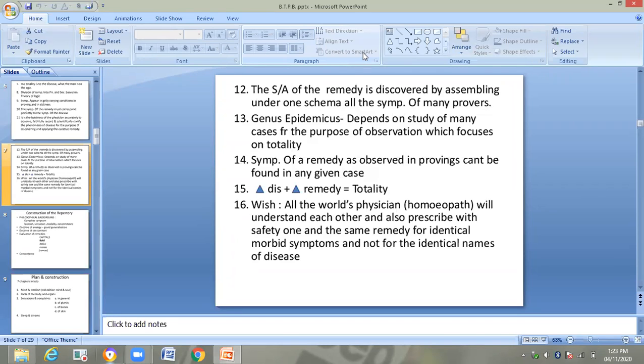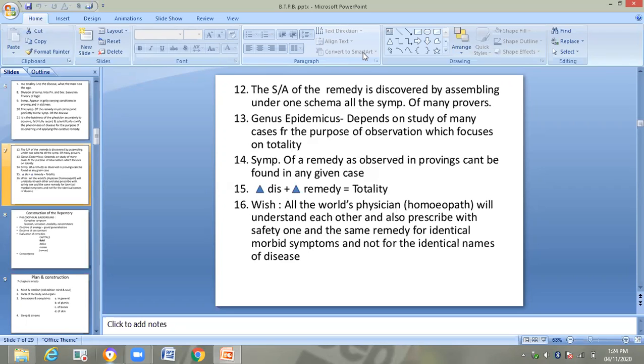And Dr. Boenninghausen's attempt was to complete the symptom, as he advised every homeopath should take each and every symptom as a complete symptom. But in practice it was difficult to take each and every symptom as a complete symptom, and he himself as well as many homeopaths practicing at that time faced the same difficulty.